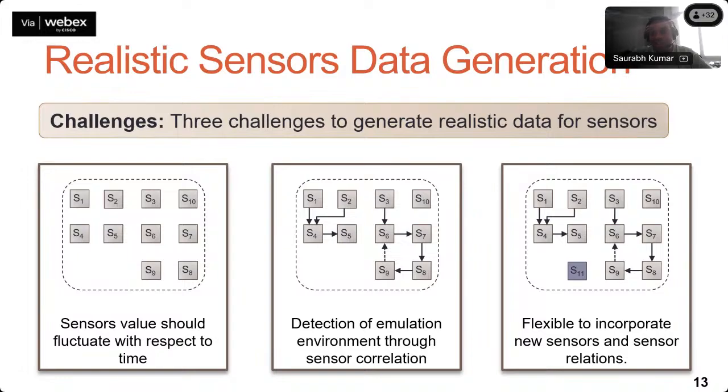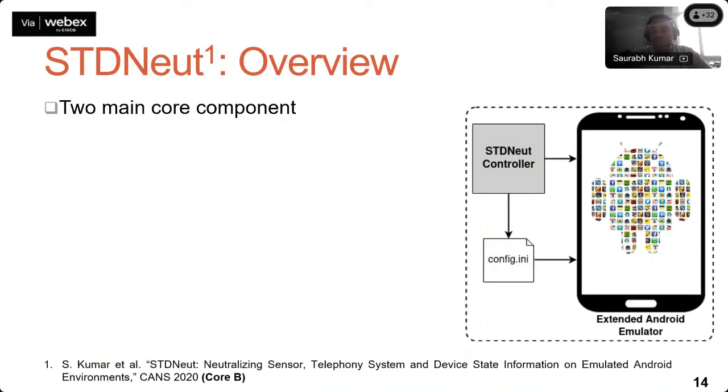I'm not discussing how to do these things. You can always refer to an online video of mine on STD Newt. I will maybe share the link later on. You can check in detail the work we are going to discuss next. That work is also at a high level in this talk, and you can refer to the details in that video. Okay, so those were the challenges.